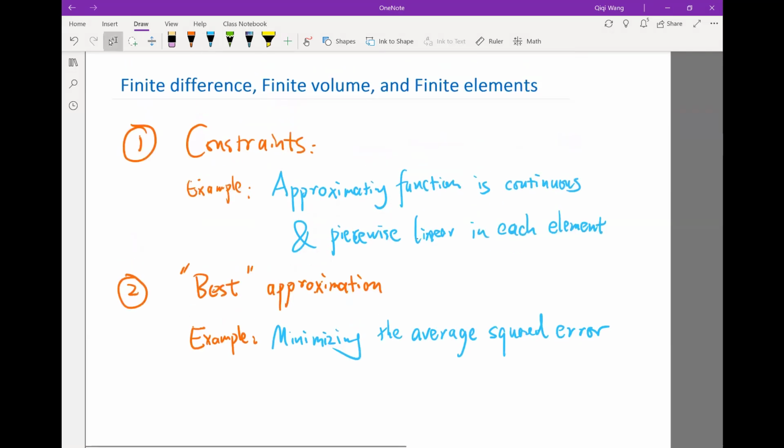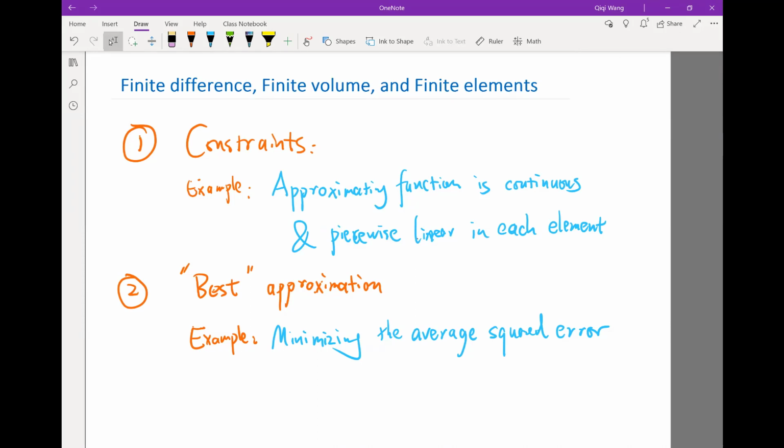If you look at the different finite element methodologies, there are many. You may be looking at different ways to formulate the constraint. For example, you may not require the function to be exactly continuous. You still require the function to be piecewise linear, but it doesn't need to be continuous.